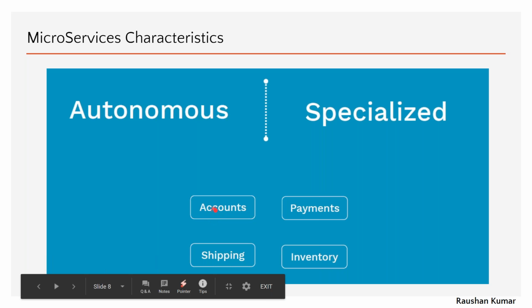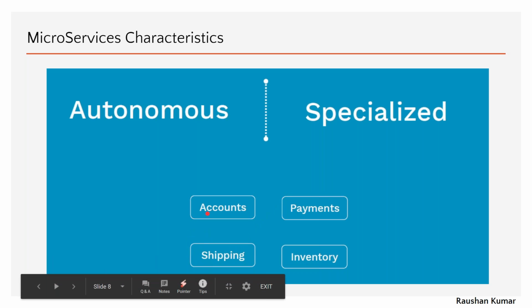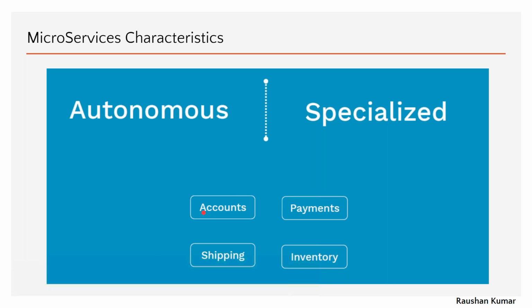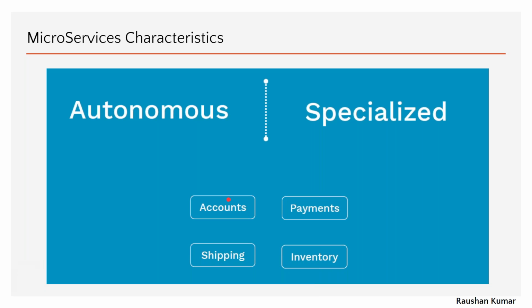Accounts should not call any function written in shipping; accounts should have all the functions in itself. So the code size could be bigger, but the advantage is that even if one of the modules goes down, it will not impact my other modules. That's the real deal here.